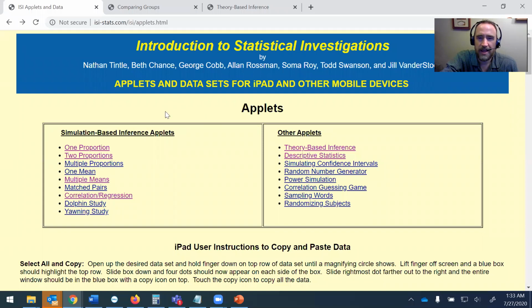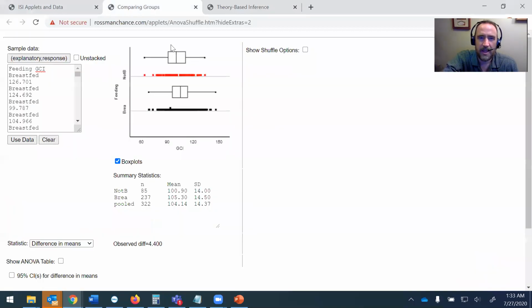On the applets page, that data is down below in chapter 6, and I just grabbed it and went to the multiple means applet and popped that data in here. And you can see what we've got here. We've got dot plots of each of them, and they're both relatively spread out with a few higher and lower, but not a real strong skew in either direction, and no real strong outliers, maybe a little bit of an outlier here.